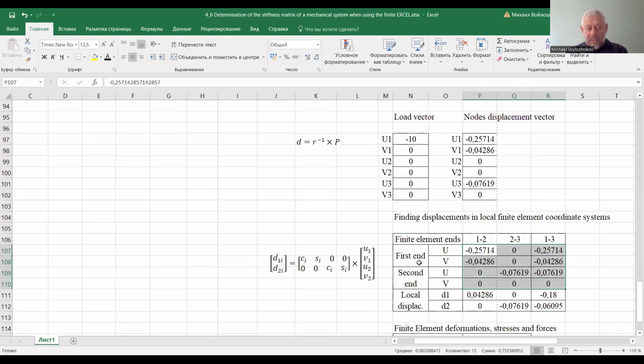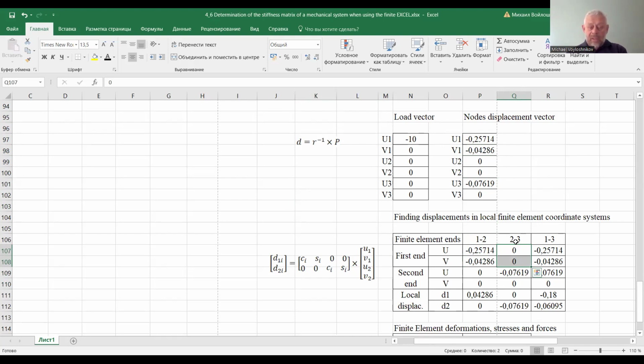So to do that, let's consider the first and the second end of the first finite element. The first end is 1, the second end is 2. For 1, we have these 2 magnitudes we indicated here, and for the second end of the first finite element, the displacement is 0, 0, indicated here. And gradually we fill the next column, the first end, as supported by the fixed support of the second finite element.